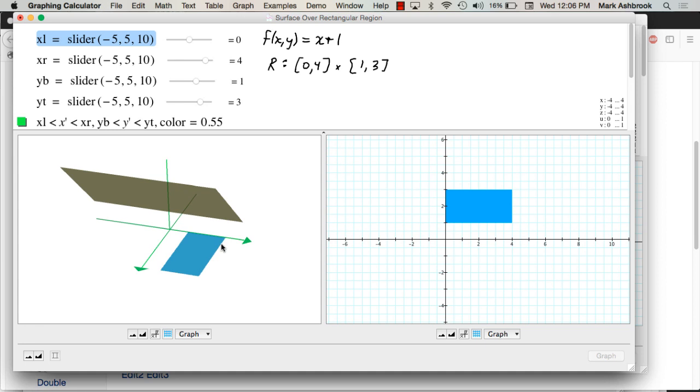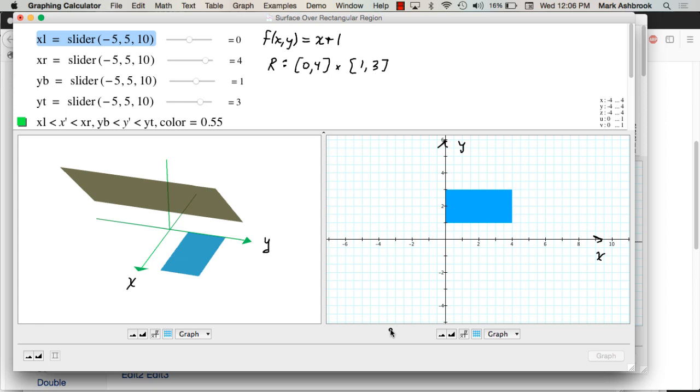Because in R2, x goes out to the right and y is up. But in R3, x is toward us, and y is to the right. So you take that and put it like that. Those are the exact same region.